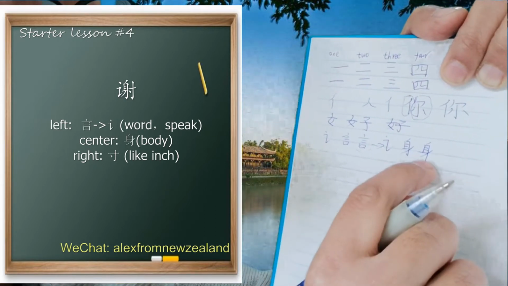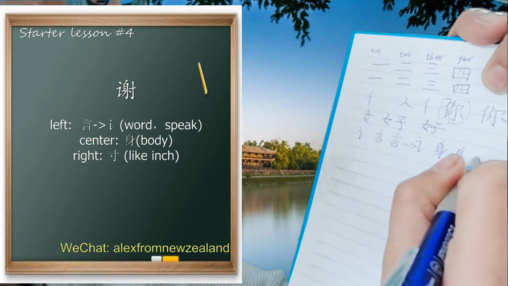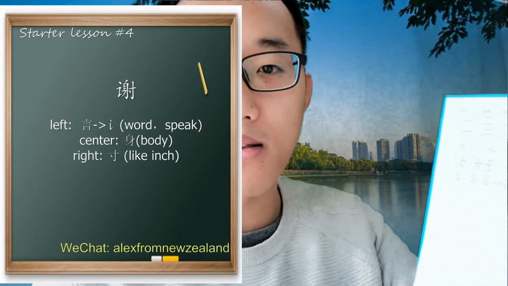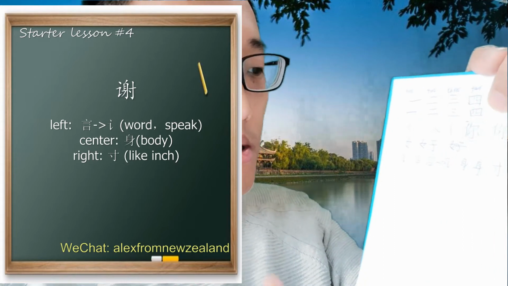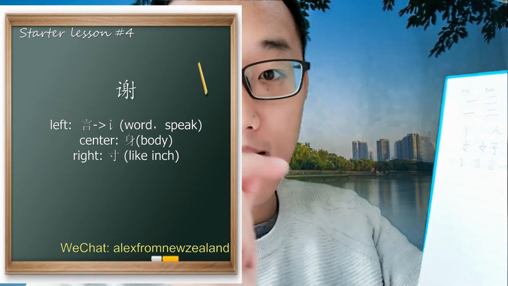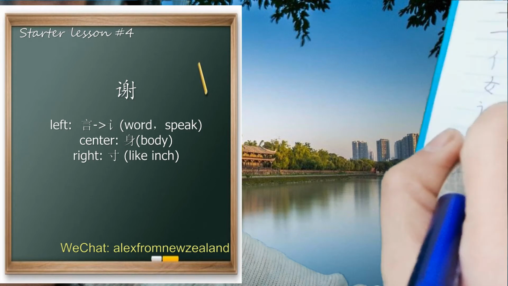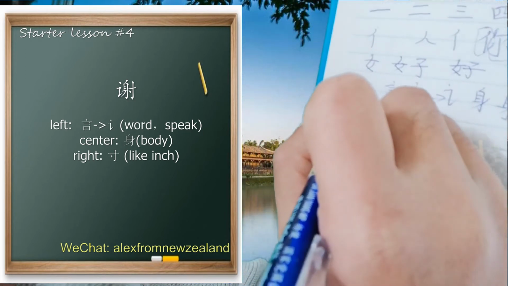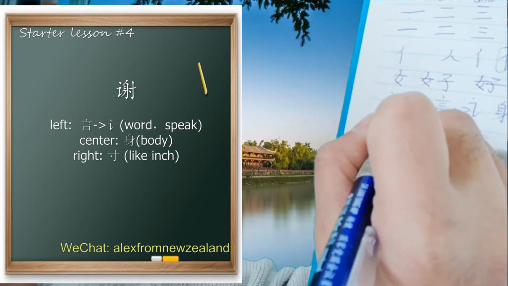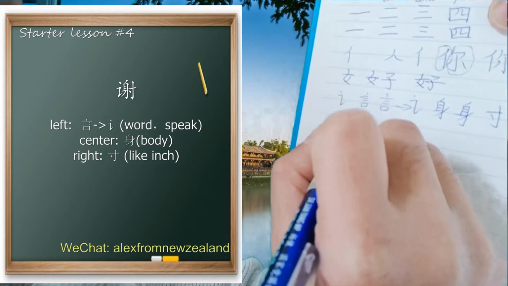Okay, 7 strokes 身. So the right part, on the right side is 寸. 1, 2, 3. Yeah, 寸 is a unit of length, like inch. So piece these 3 parts together, it will be 谢. Let me show you again. 1, 2, 2 strokes. 1, 2, 3, 4, 5, 6, 7, 8, 9, 10, 11.